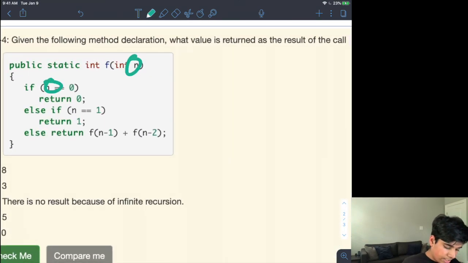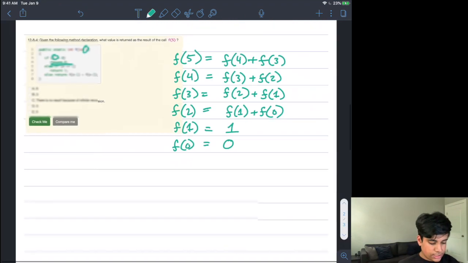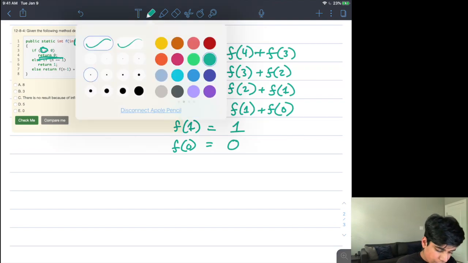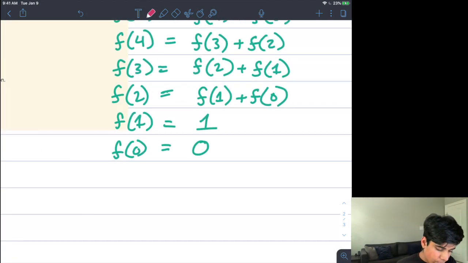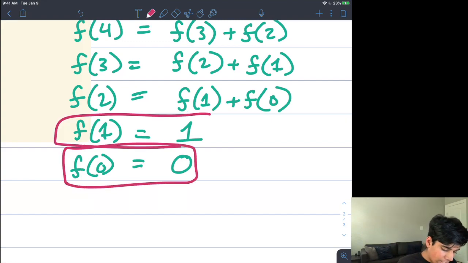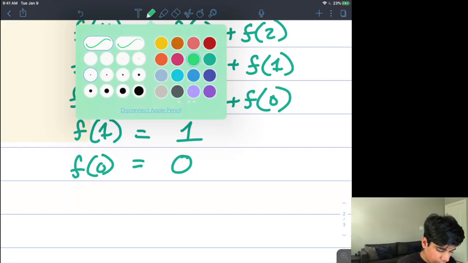Because 0 is equal to 0, this function will return 0. All right, so now we are done with step 1, which is writing out all of our function calls. Now we can do substitution. Right over here, I know that this value and this value are already solved for, so I'm going to put little check marks.